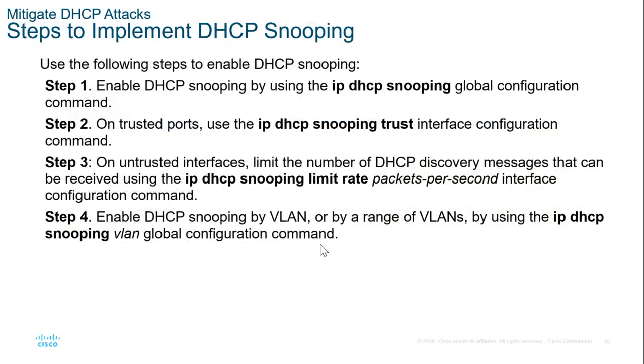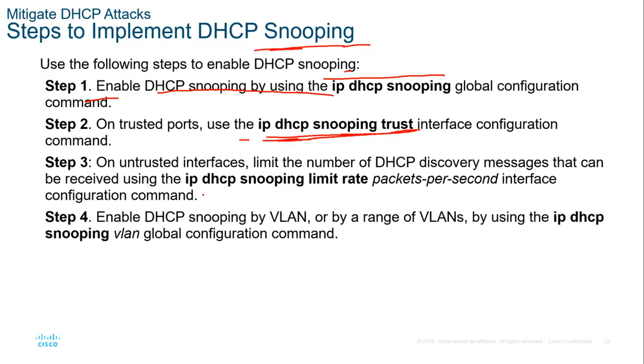So, steps in implementing DHCP snooping. Use the following steps to enable DHCP snooping. Step number 1, you enable DHCP snooping by running this command globally. Step 2, IP DHCP snooping trust, for example, on the interface for the server.